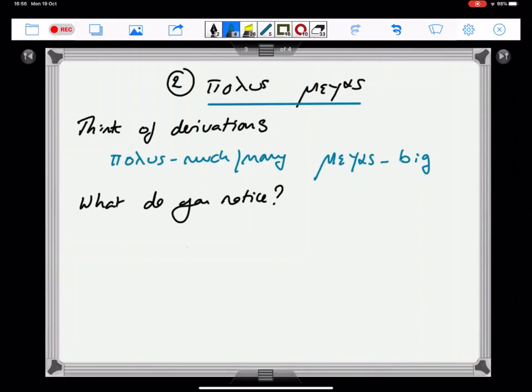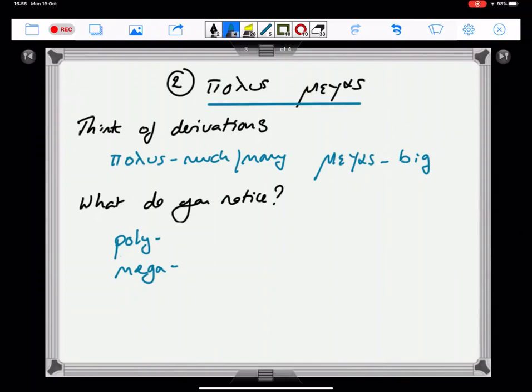What do you notice? You might notice that the majority of the derivations you come across, and I will add the word clouds to Canvas so you can see each other's work, have poly or mega as their root. In fact, there are very few examples that don't.